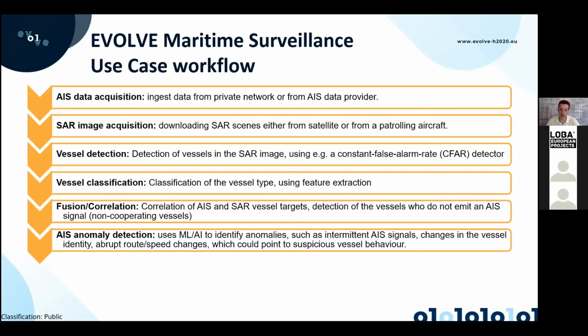Some obvious ones can be, for example, intermittent signals, changing the vessel identity, route and speed changes, and anything else which deviates from a normal AIS stream, which is normally emitted by a vessel. So all these vessels whose track we identify as anomalous, we also label as possible vessels which need to be further investigated.